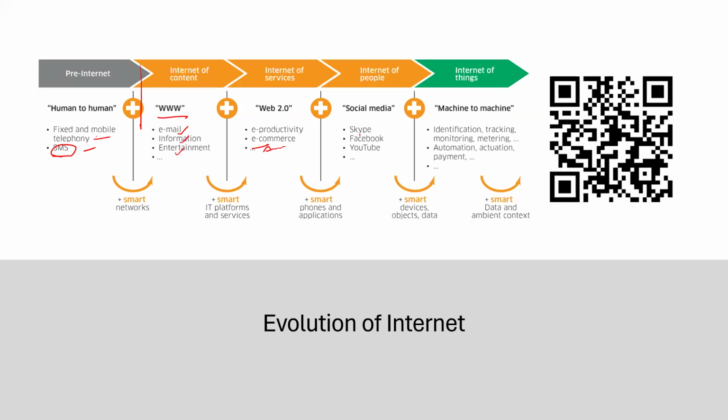Then social media came: Skype, Facebook, and YouTube. And now we are literally living in the IoT era, the Internet of Things. Not just commerce or social media, everything is using the internet nowadays, right from our daily appliances, the things we use to do our daily chores. The fridge, even the ACs, everything has been connected to the internet.